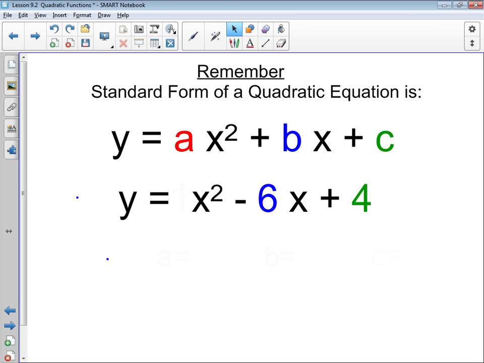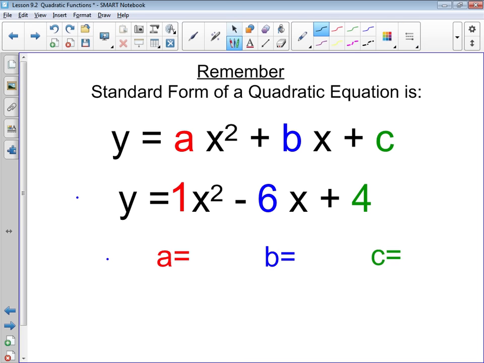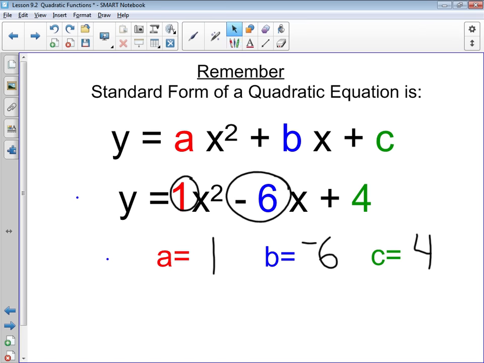Notice in this equation, there is no number before the x squared, so you just assume that it's a 1. So if I asked you what's a, b, and c, you should be able to identify that a is 1, b is negative 6, make sure you include the negative, and c is positive 4. That's going to be important that you know that, because on today's lesson you'll be using the values a, b, and c to help you graph a quadratic function.